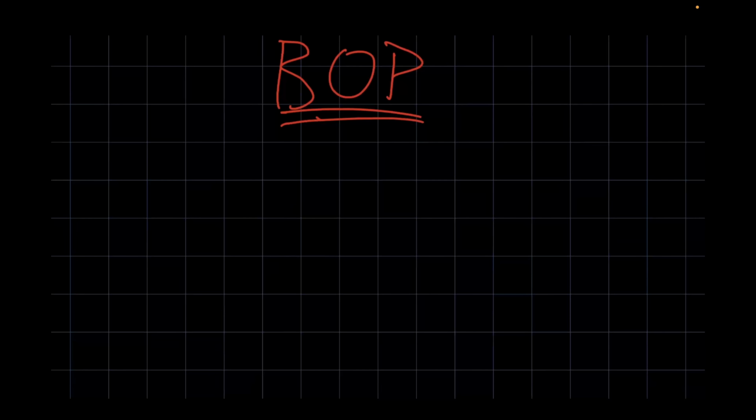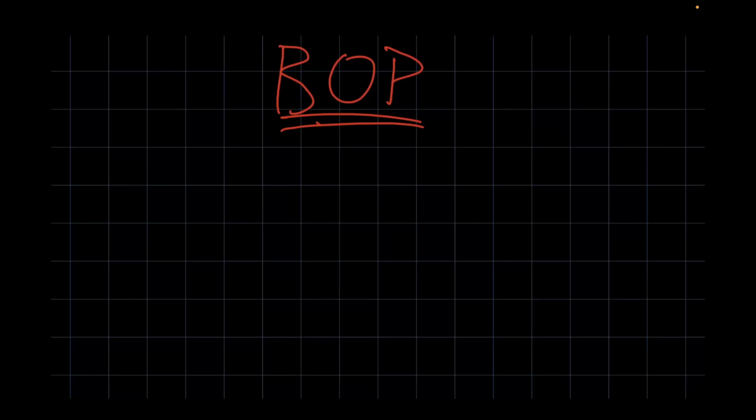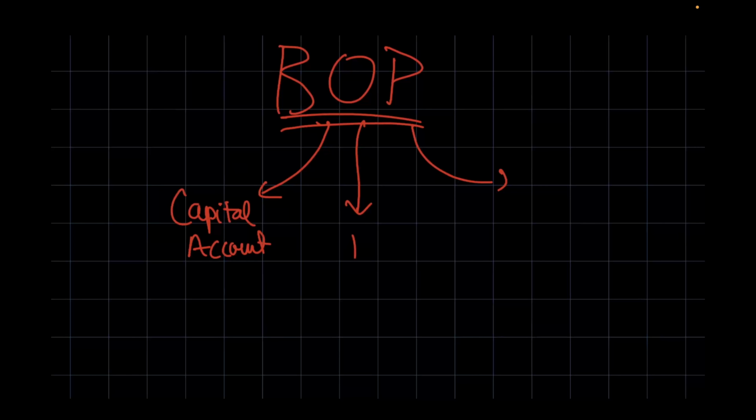So now actually the balance of payments is split into three main accounts. You have something called the capital account, you have something called the financial account, and you have something called the current account.